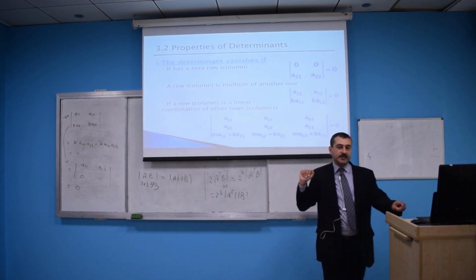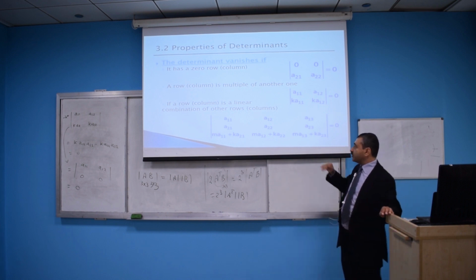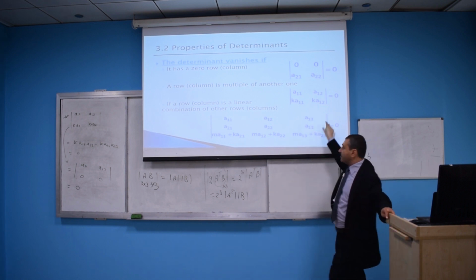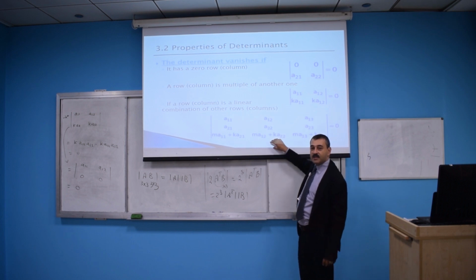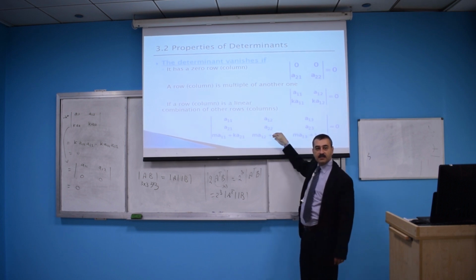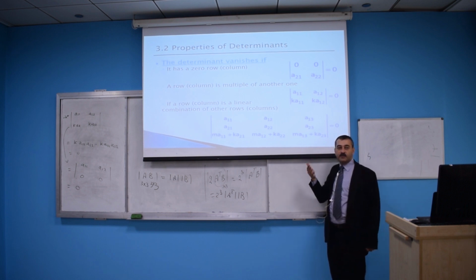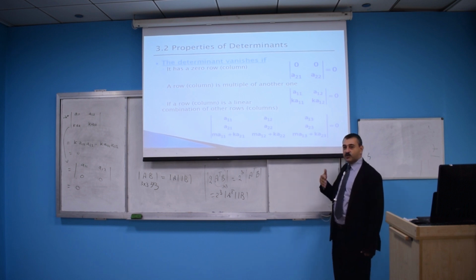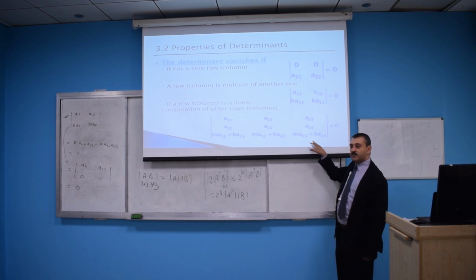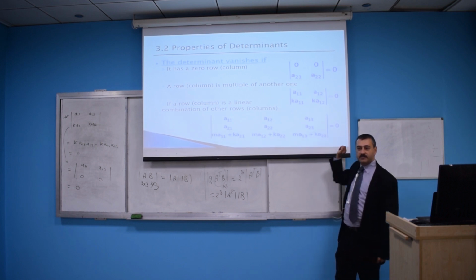So the determinant vanishes. So actually, if these are vectors, and this vector is a linear combination of these guys, the determinant vanishes. So you can use this as a check for the dependence. So you'll have some relation between the vectors, so the determinant equal to 0.